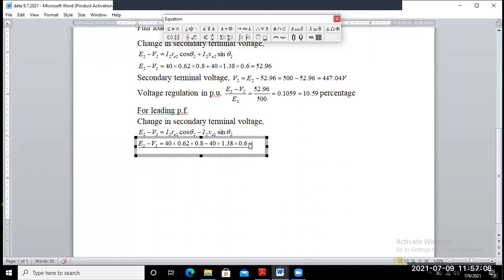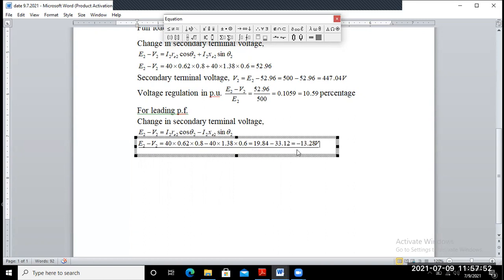minus 13.28 volt. Okay, so this one becomes 19.84 minus 33.12 equal to minus 13.28 volt.